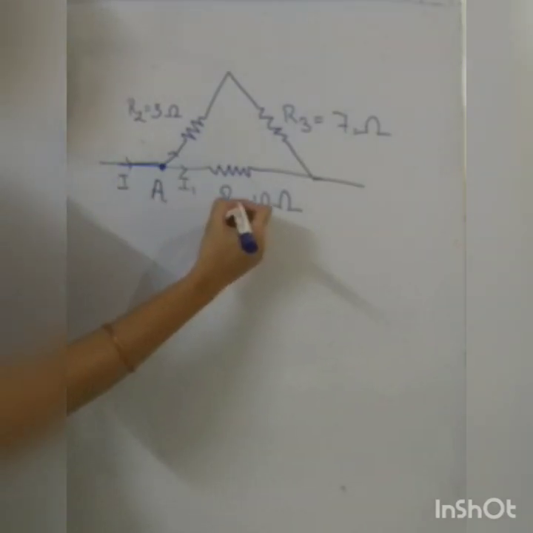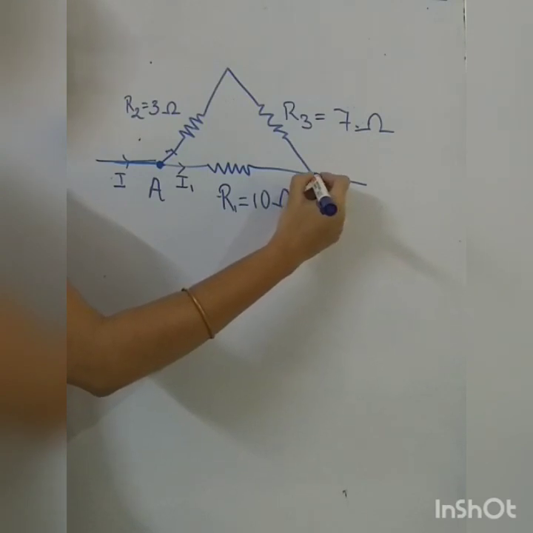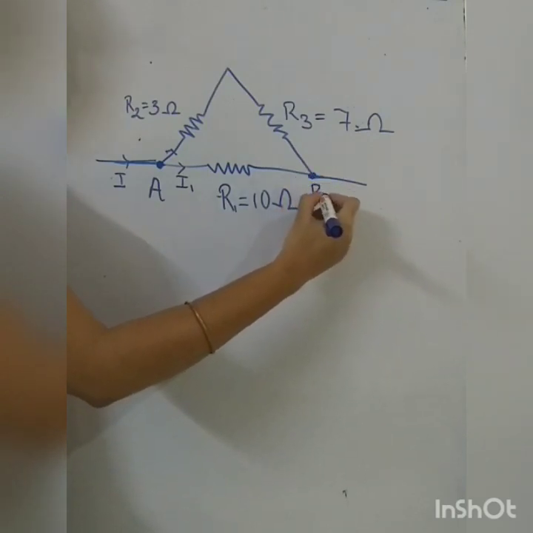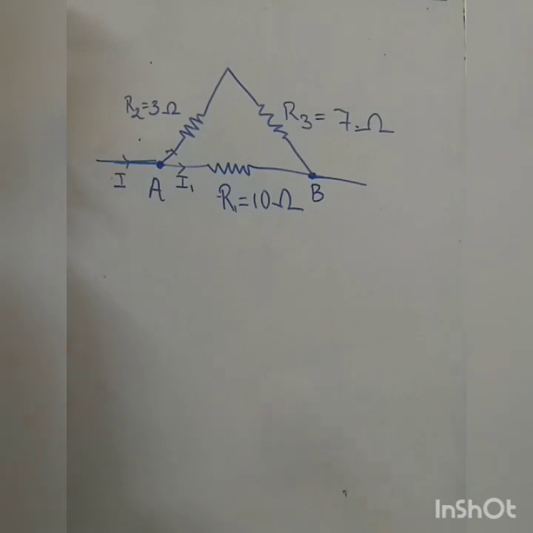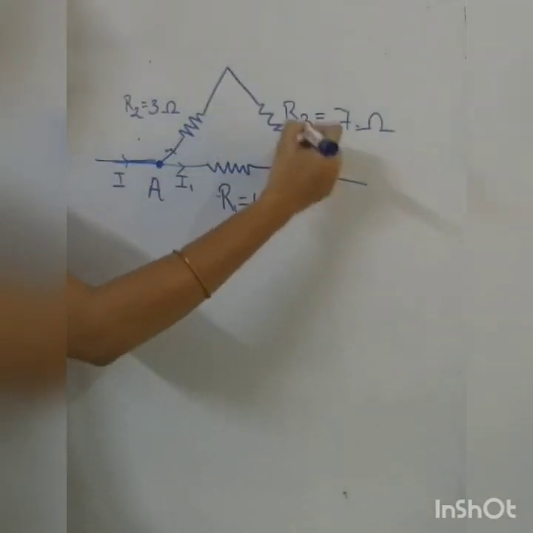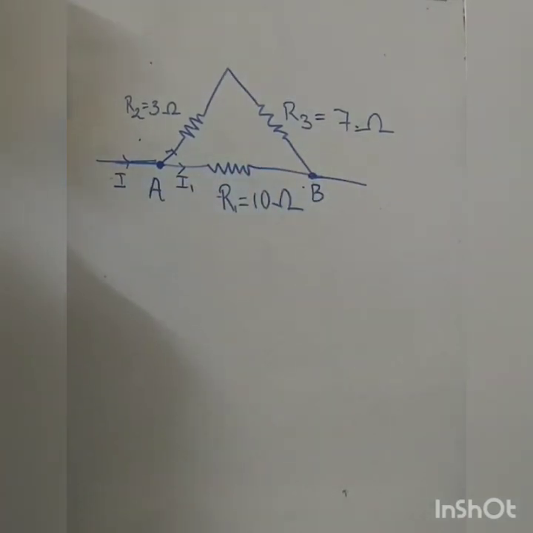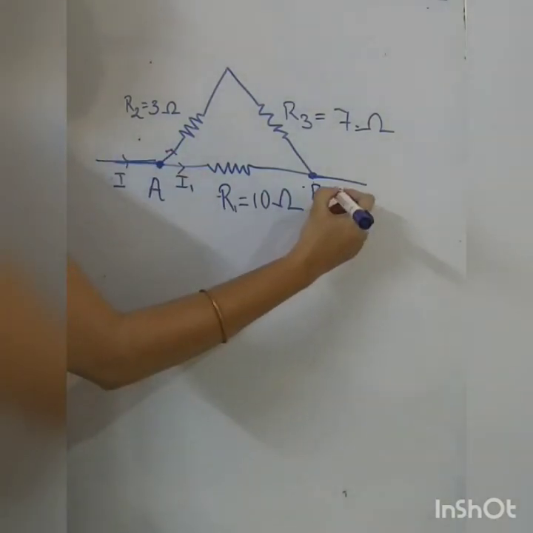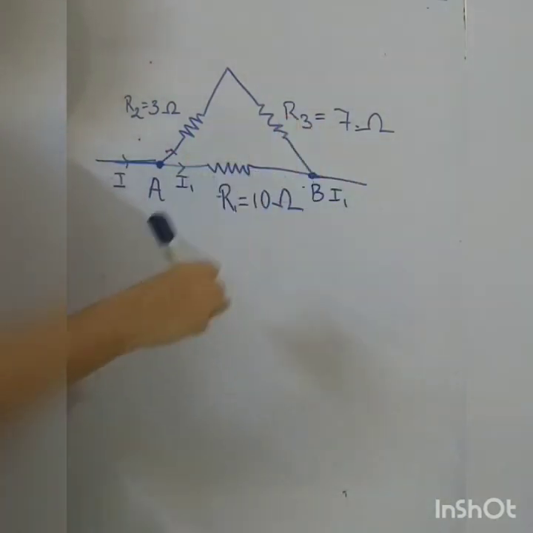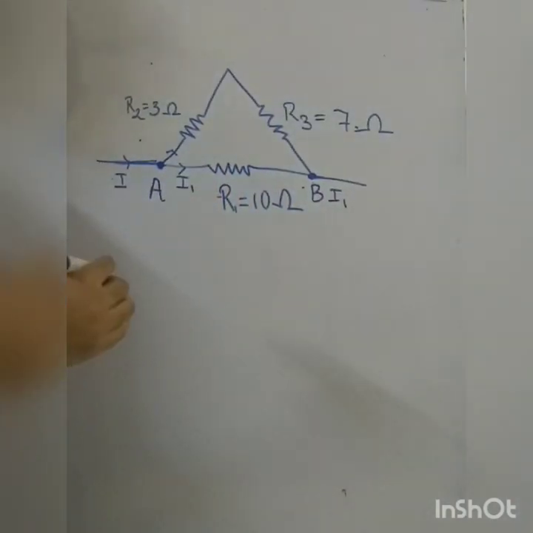It will flow from R1 and it will come at the point B, that is a junction where one end of R1 and one end of R3 are joining, at terminal B. So here my I1 amount of current is coming through R1. Now we don't know what amount of current is coming from R3.